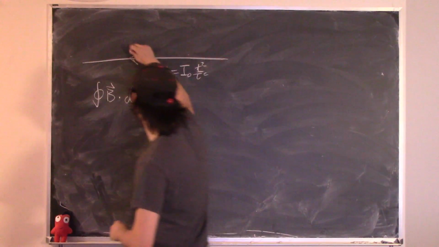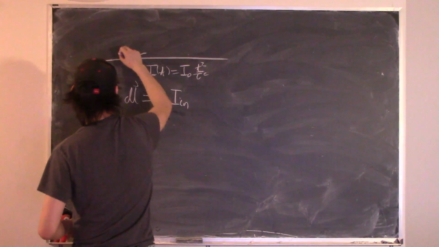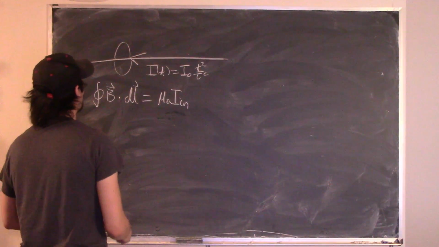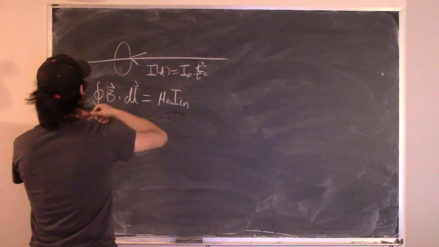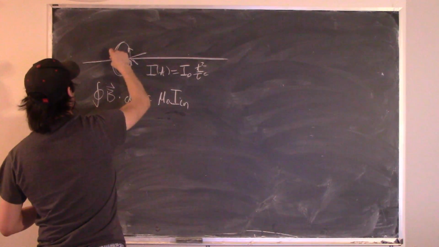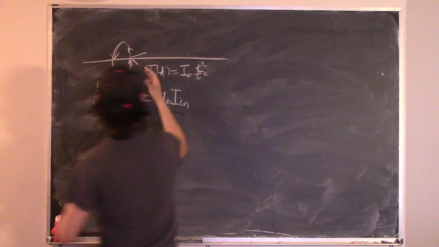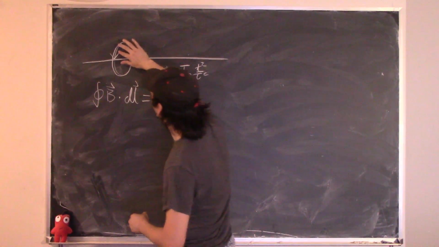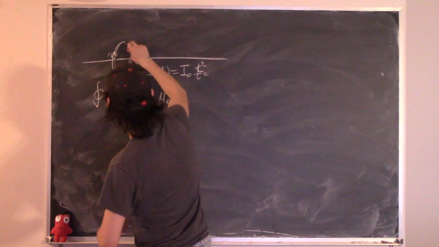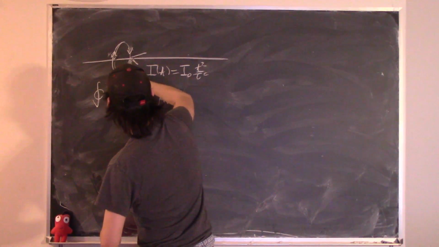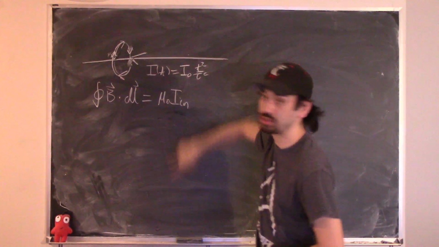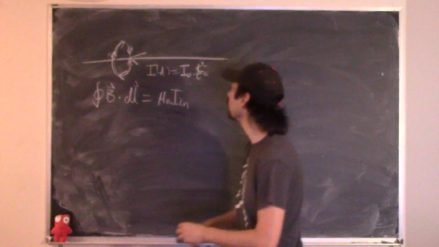So the loop is going to go around like this, where this is the front of the loop. That's the direction of the loop, so it's going around like this.